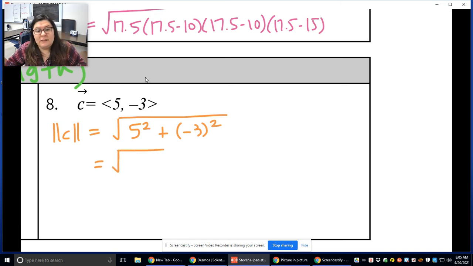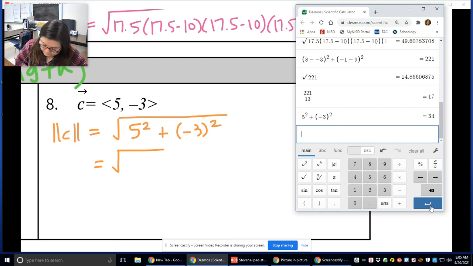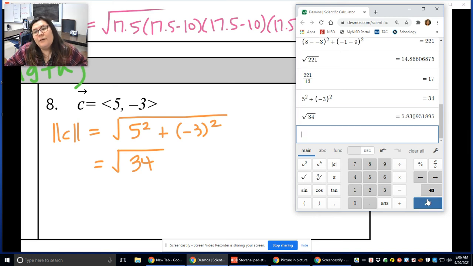Let's see what we get. I'm going to do just the inside. So that's 34. I know that's not a perfect square. Let's double check though. Yeah, it's not. So it is even, so I'm going to do this to the side.